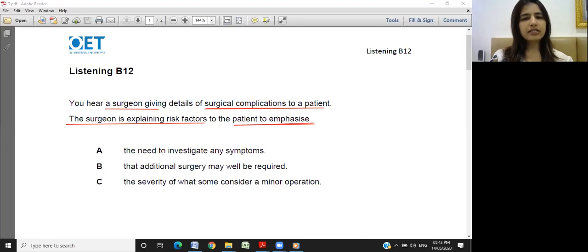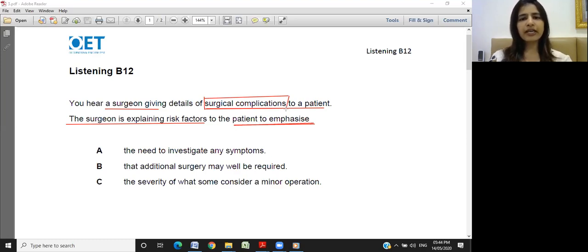Now, let us look at the answer choices. Now, this is taking place preoperatively and it is discussion on surgical complications. So, what all things do you think will be discussed here about surgical complications? What do you think the doctor will be describing about surgical complications? What kind of complications can occur, right?